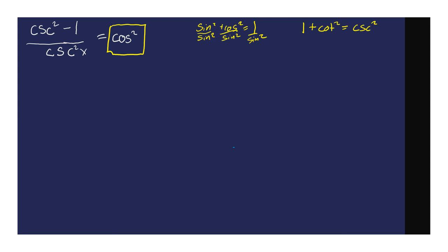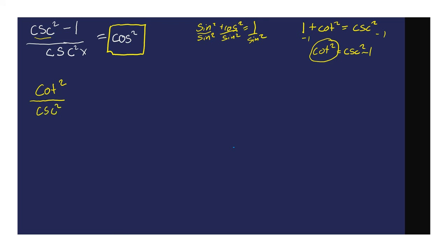I've got a cosecant squared in my problem, and I can subtract 1 from each side, and I get that cotangent squared is equal to cosecant squared minus 1. And this is one that I can definitely use in here. So I'm going to put cotangent squared in my numerator, and then over cosecant squared.